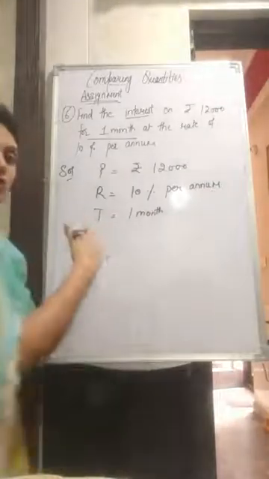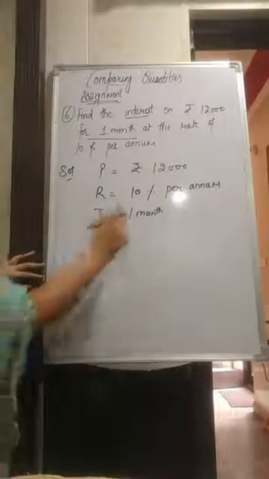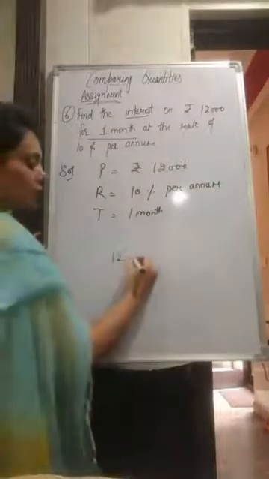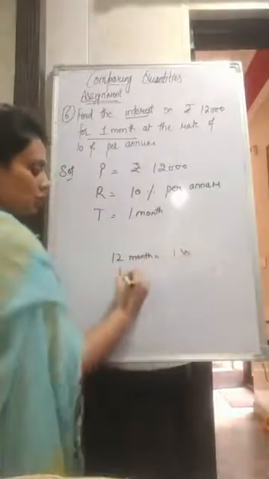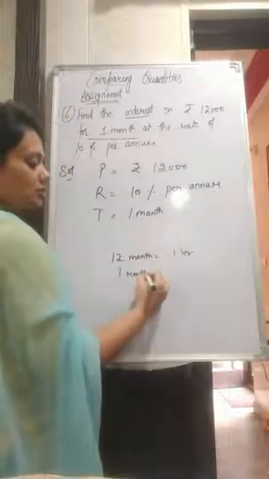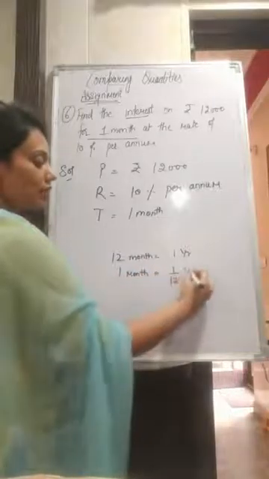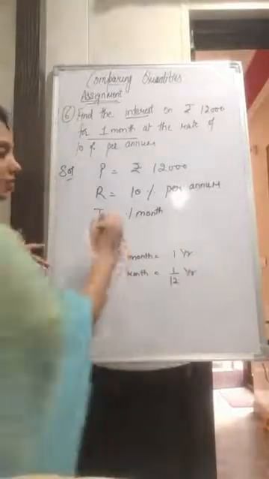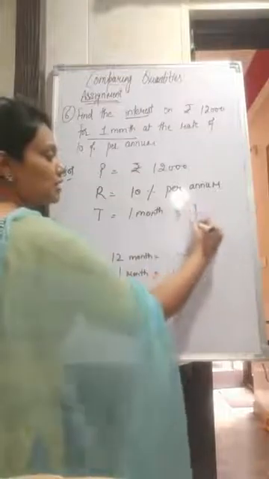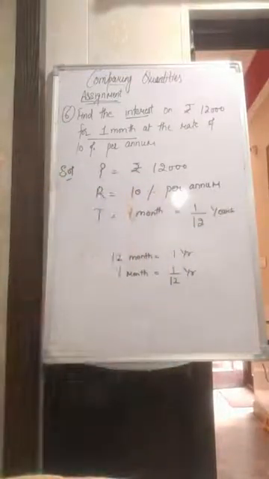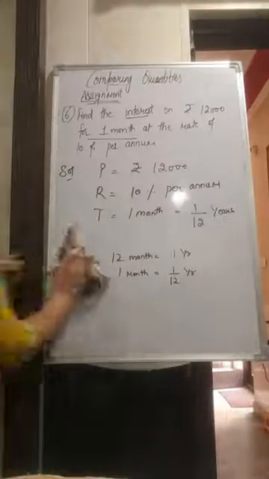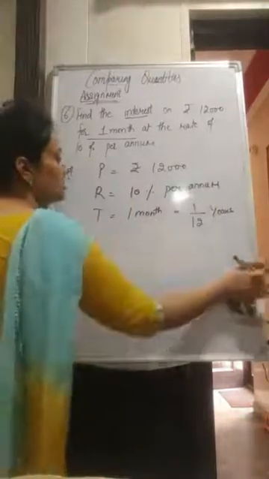We know 12 months is equal to 1 year. So 1 month is equal to 1 by 12 year. We can write 1 month as 1 by 12 years.